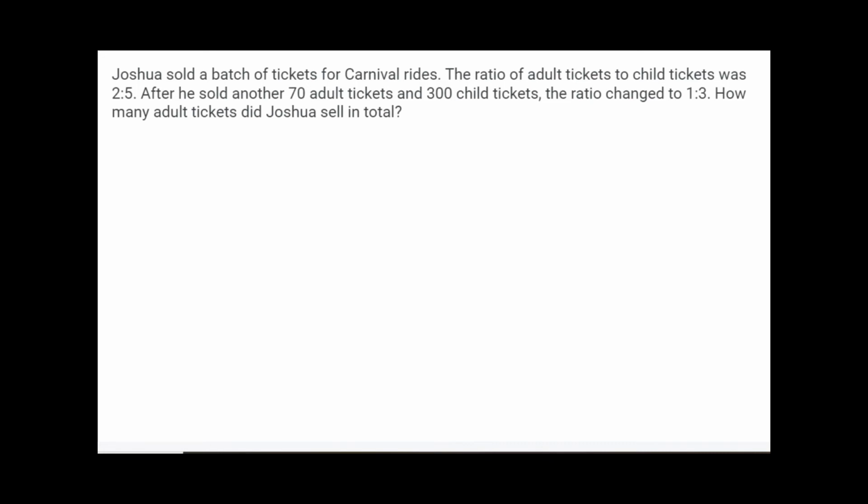So he is just concerned about the adult tickets. Okay. First of all, the ratio of adult tickets to the child tickets is 2:5. So this is the initial ratio.